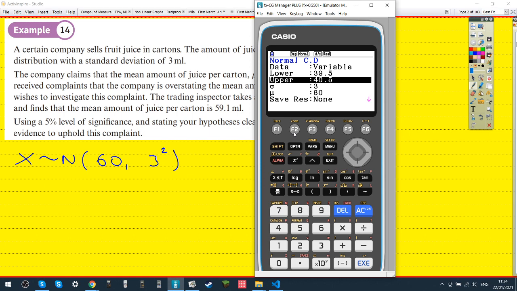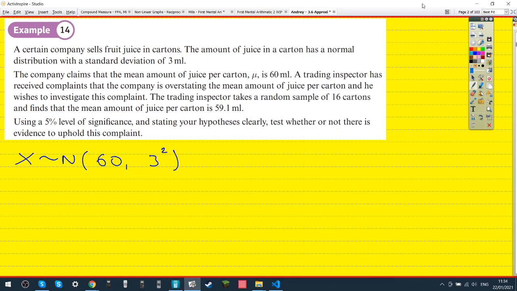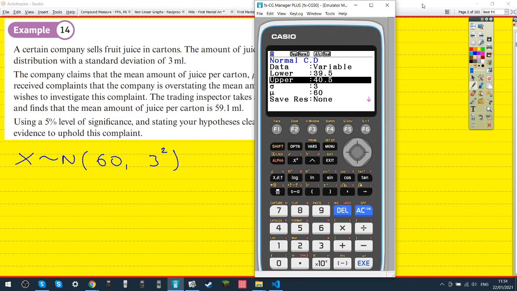What is upper? Will it be lowest 0, upper 60 or something like that? That would give you exactly 50%, the mean. So you would do the upper as 59.1 to check their claims, and the lower, I'm doing minus 999.